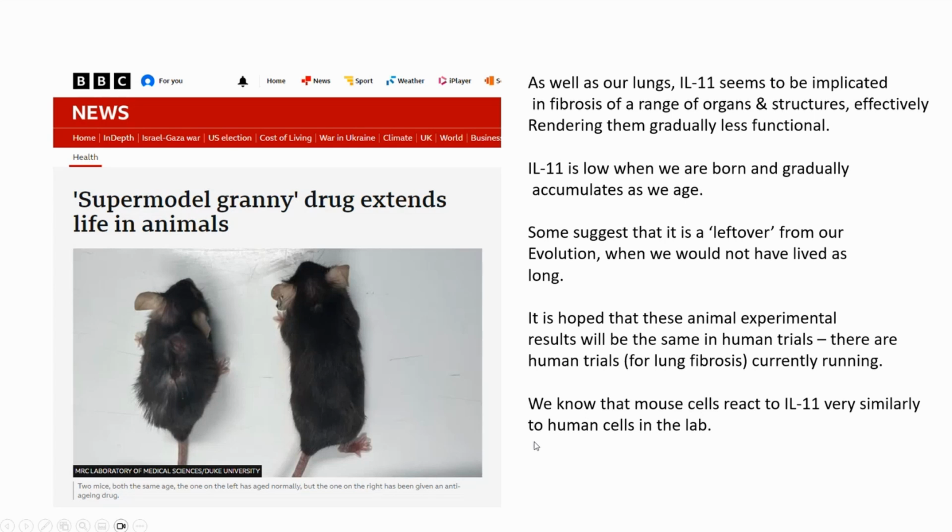But at the same time, they measured them in an identical way on human fibroblasts in the laboratory, and they got exactly the same things happening to those cells as in mouse cells. So it argues that if all goes well, if we give an anti-IL-11 drug to humans, it should have a similar effect as it does to this mouse. Obviously, this is a big deal.